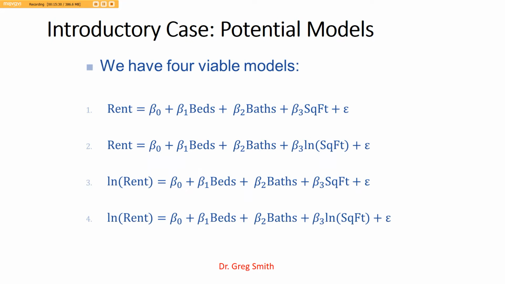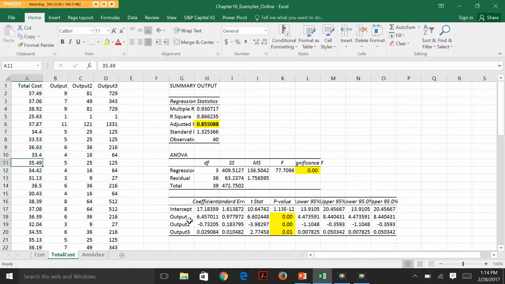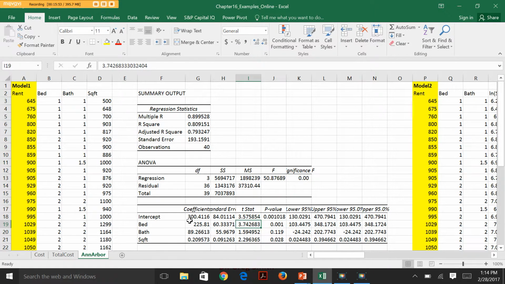So let's try different kinds of models. Let's try a general multiple regression. In this case, we're going to take the natural log on one side, so it's a log model. When we take the natural log here but nothing over here, it's going to be an exponential model, and this is a log-log model.